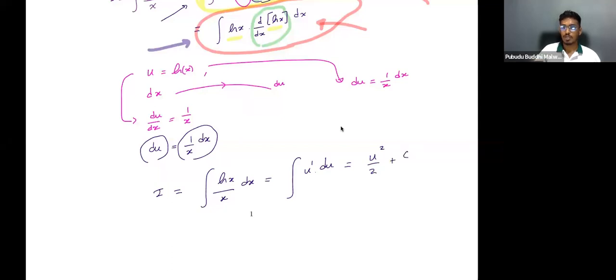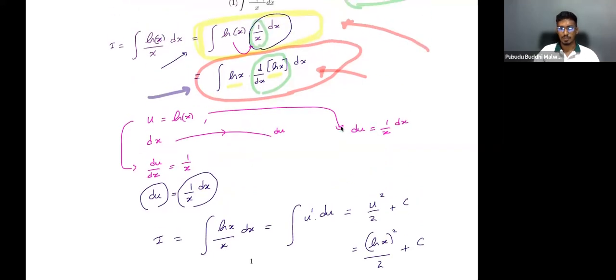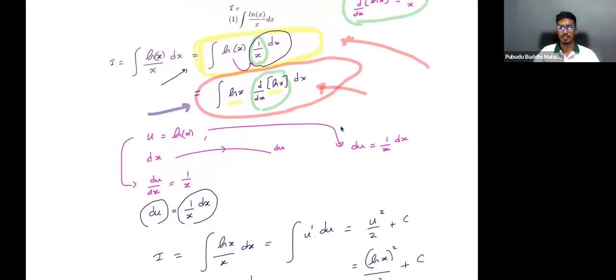Here u equals natural log of x, whole thing squared over 2, plus c. That's the answer. Very important, identifying the correct substitution, because after that it's quite easy computing the integral.